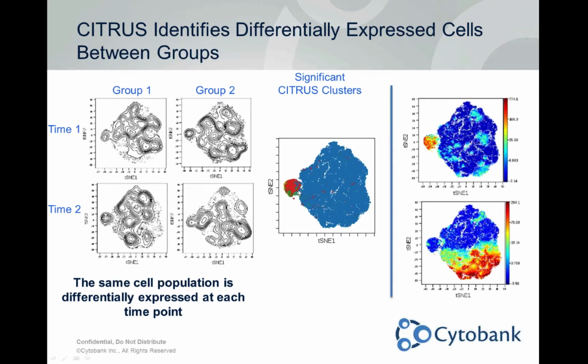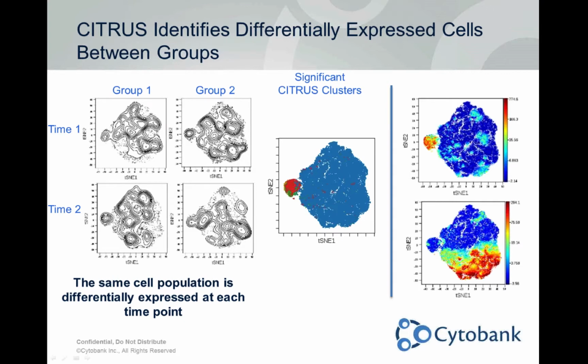So it gives you context for where your significant clusters are. In addition to showing the cells that comprise these significant clusters of groups, you can also show more traditional viSNE data, where you can look at the expression levels of different surface markers or functional markers displayed on that same viSNE map. So it gives you, like I said, a way to link all of your information together with context.